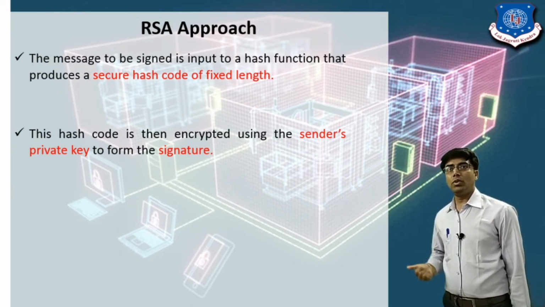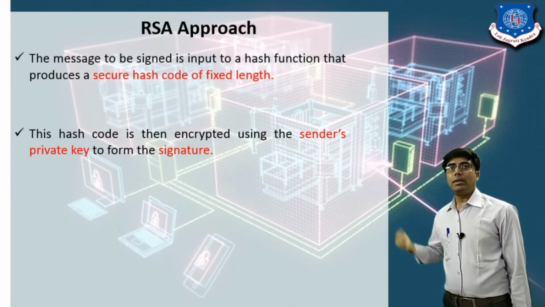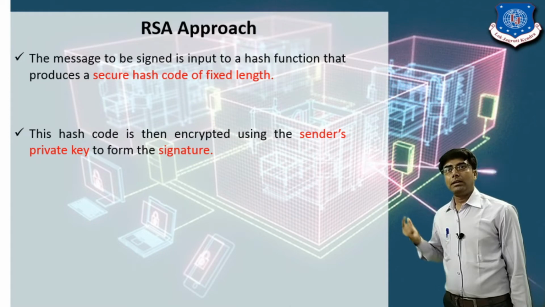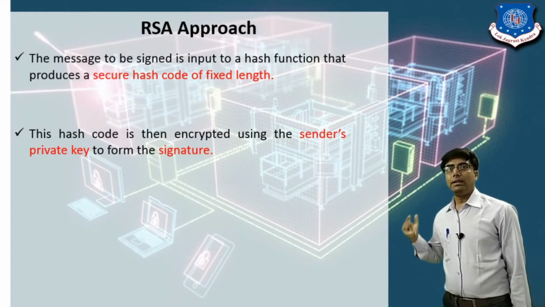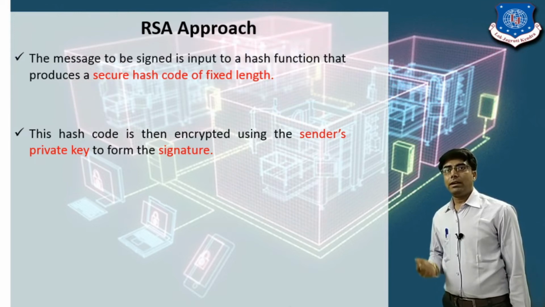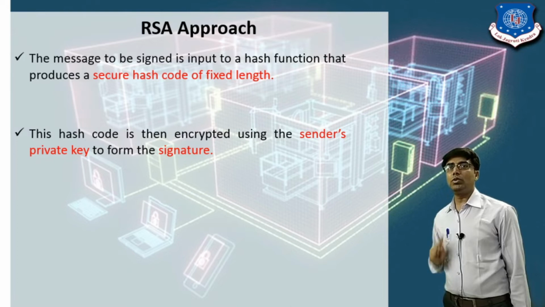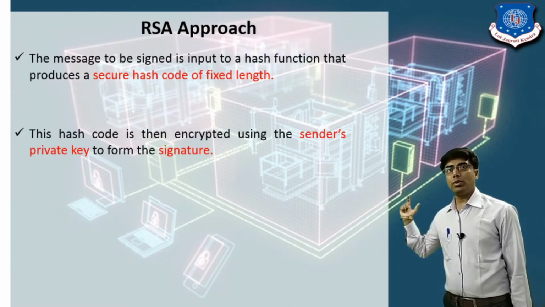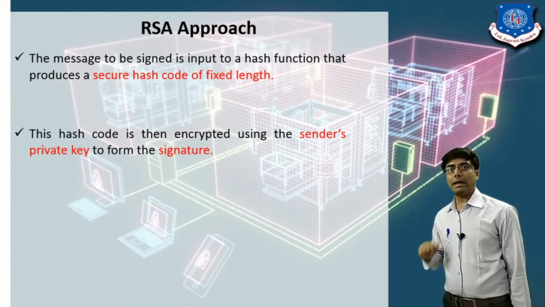As you know, RSA is an asymmetric key encryption. It means that in RSA we use a private key and a public key. So we are using two keys in the RSA approach: one is a private key and the second is a public key.